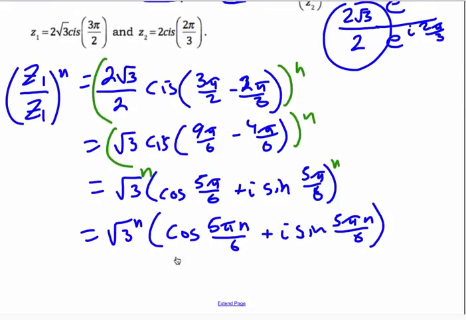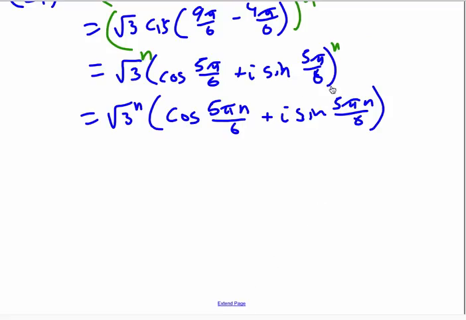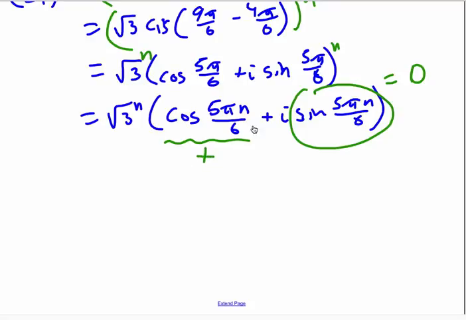So this is complex right here. The only way for it to become a positive real number is for this quantity to become 0, and this one is going to have to be positive for us to create a positive real number.